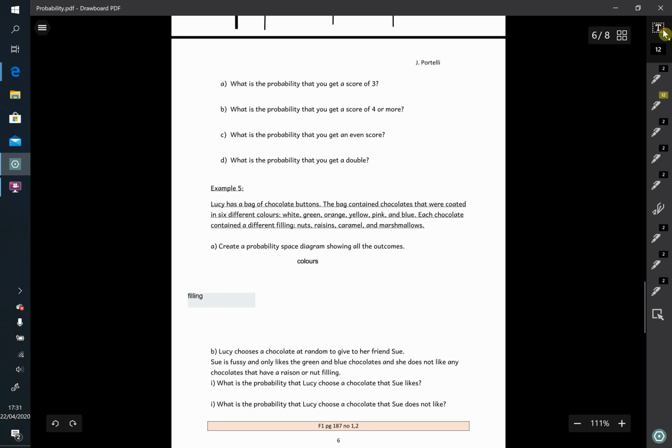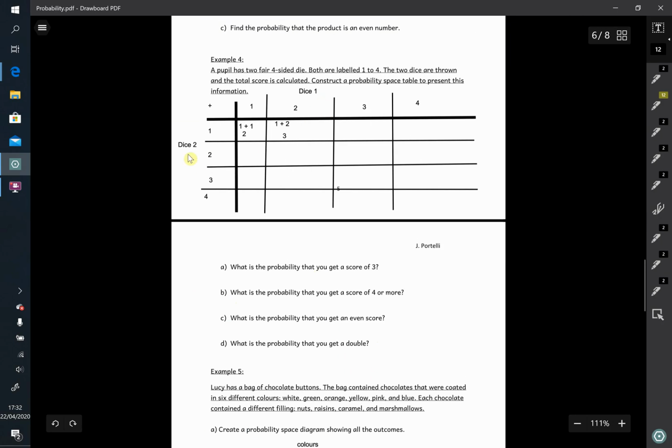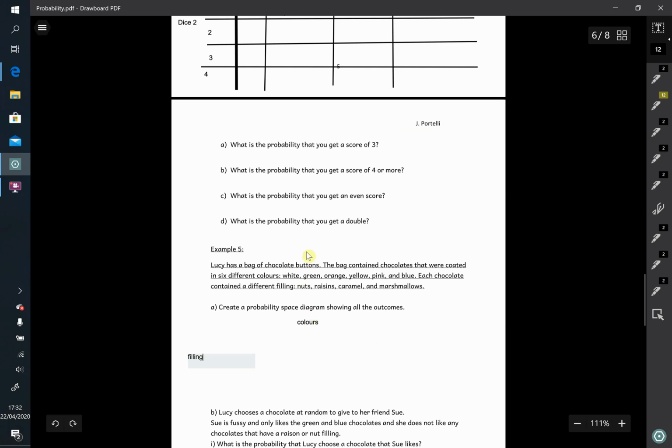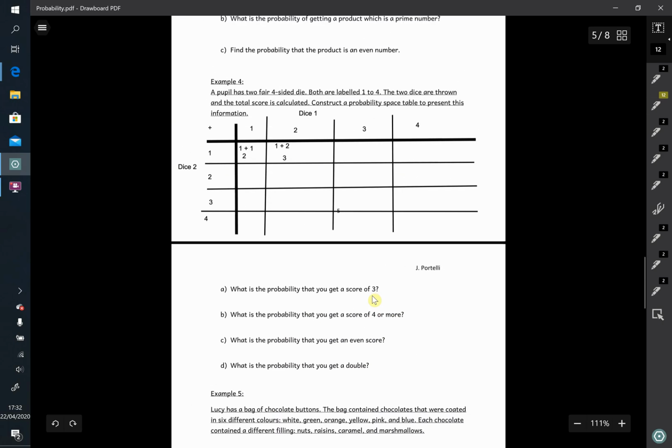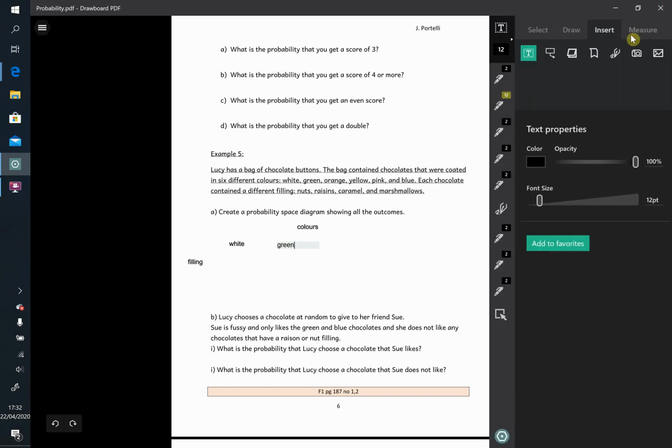These are my titles, colors and filling, like dice 1 and dice 2. For colors, I've got white, green, orange, yellow, pink and blue. These are the same as 1, 2, 3, 4. So I'm going to be writing white, then green, and so on. All right, try it out, girls.